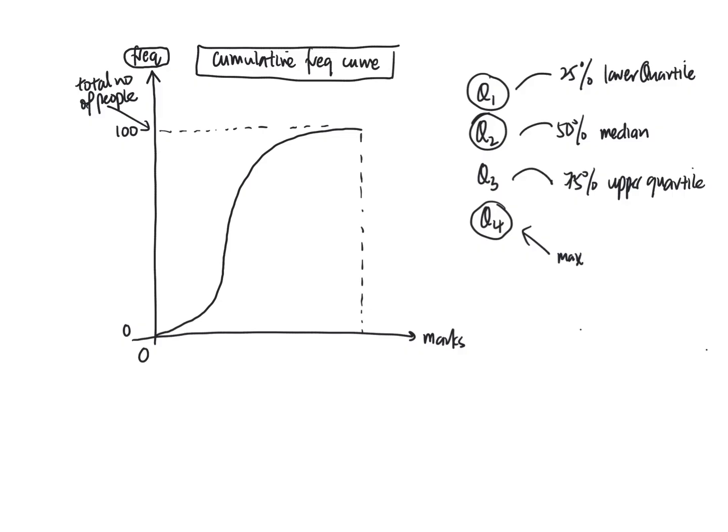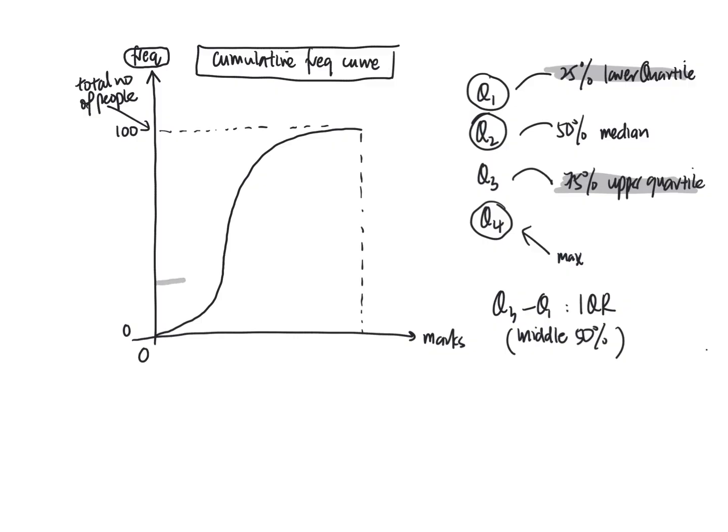From this value, your upper quartile, to your lower quartile, the difference between them gives you what? Interquartile range. So this tells you the spread of your data for the middle 50%. So how does this work?